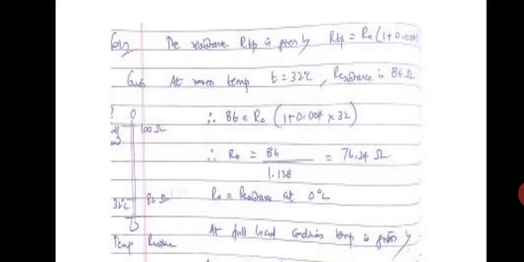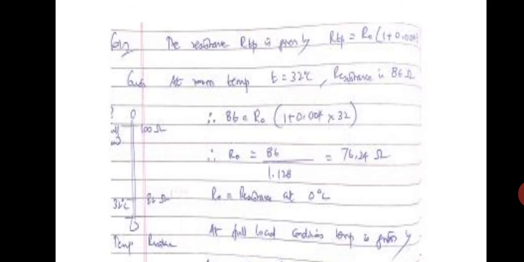Now what about the full load condition? At full load we will use the same relationship RT is equal to R naught in bracket 1 plus 0.004 T. Here we have to find T. R naught is found out as 76.24 ohms.